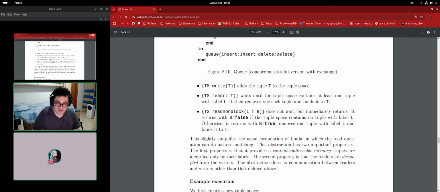Like this is 100% not necessary if you have the other thing. But okay. So you are looking for this label in this tuple space, binding to T if it's there, and returning a boolean to tell you if it worked or not.